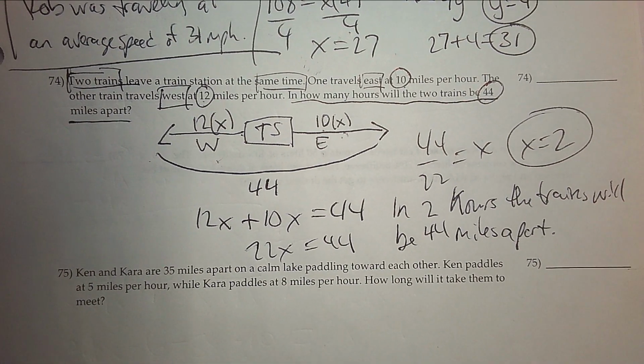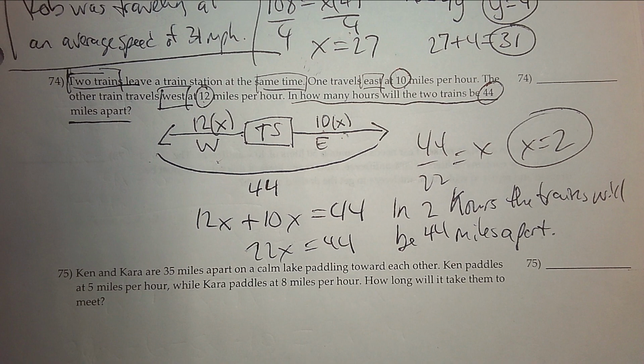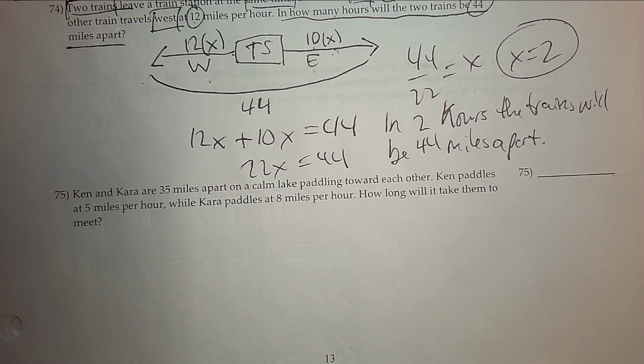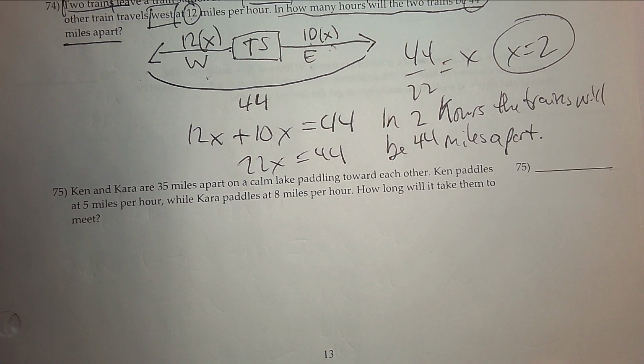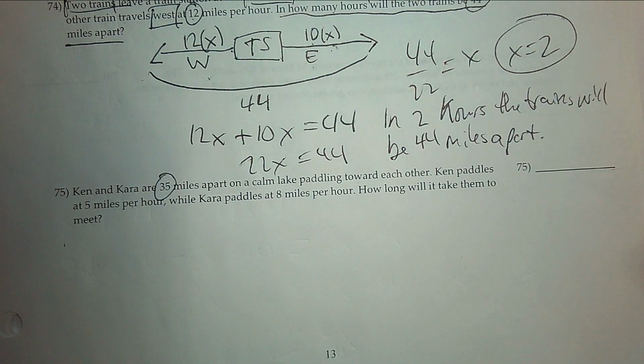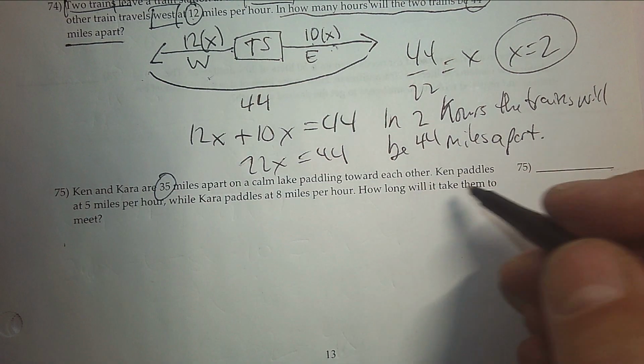Number 75. Ken and Kara are 35 miles apart on a calm lake paddling towards each other.